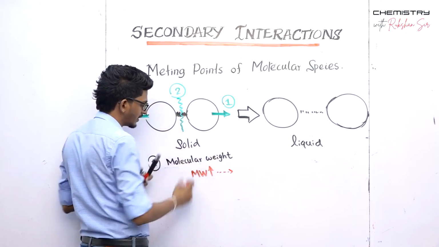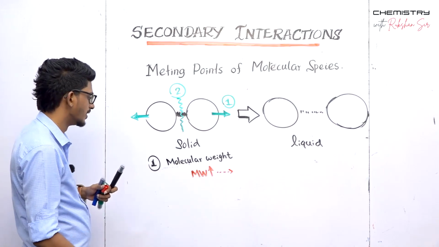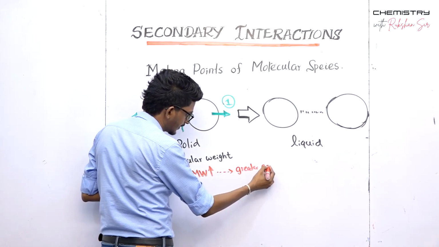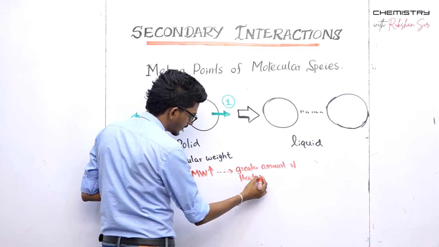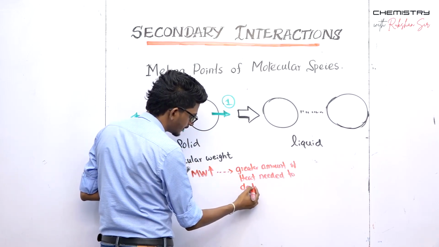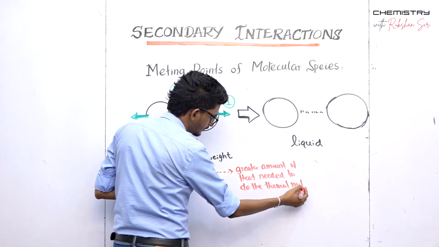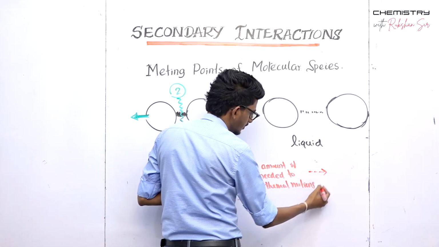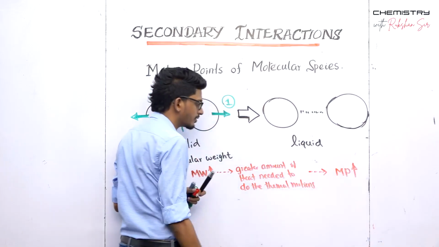So you need to supply a great amount of heat energy to do the thermal motions, so that your melting points will be high.